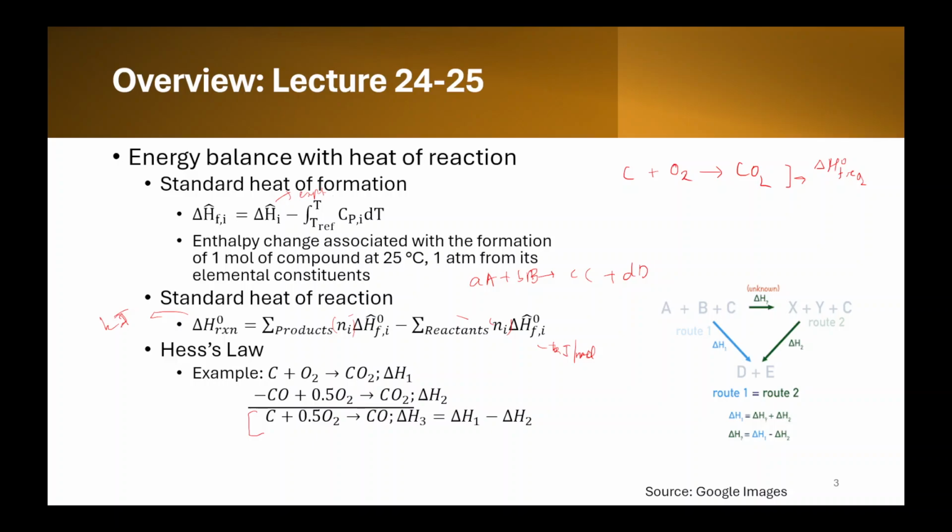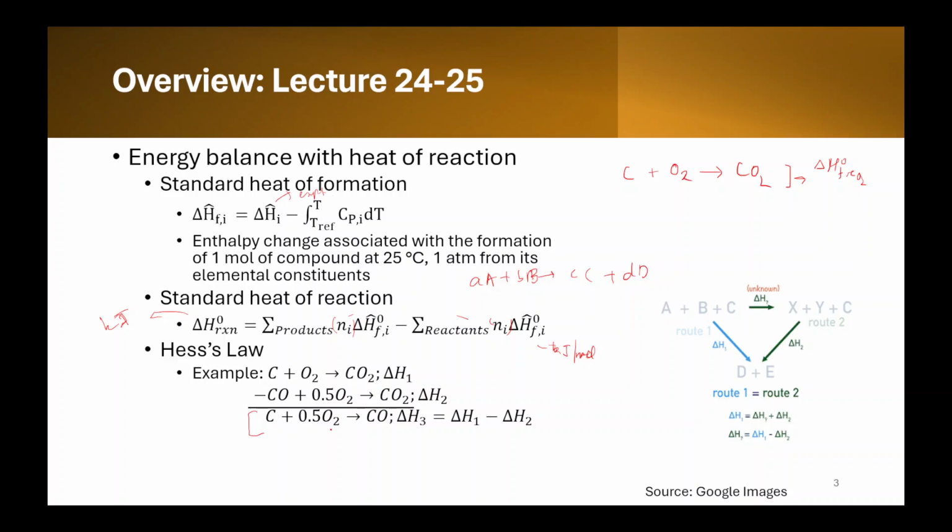You are basically doing the algebraic manipulation of these reactions. The negative of CO goes to this side. O2 and minus 0.5 O2 subtract to give you 0.5 O2, and CO2 gets cancelled.